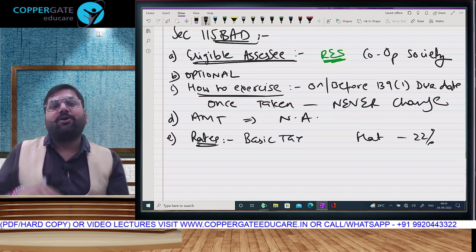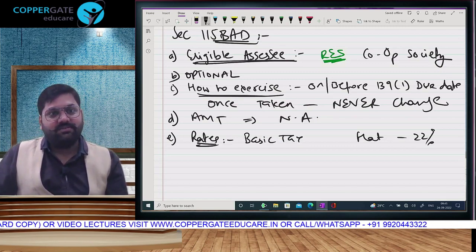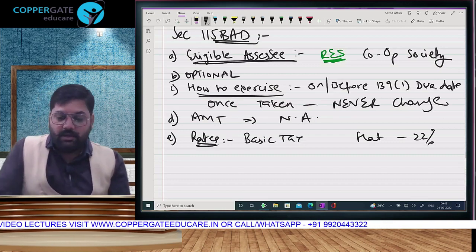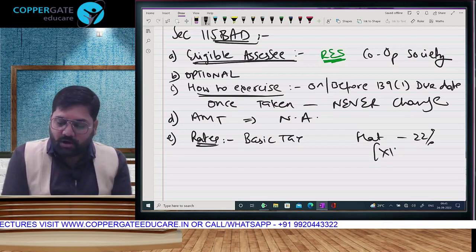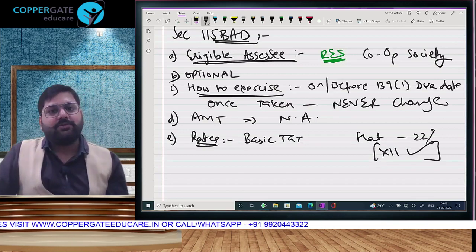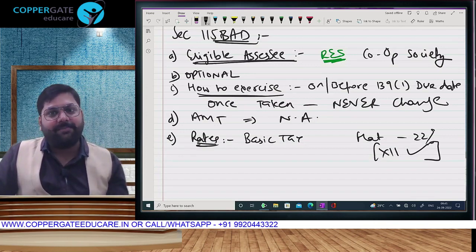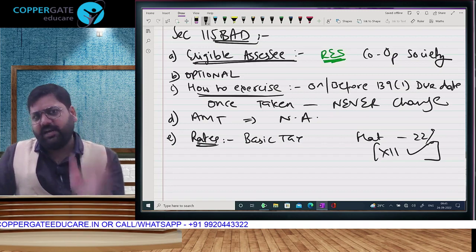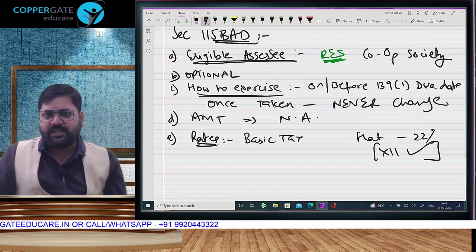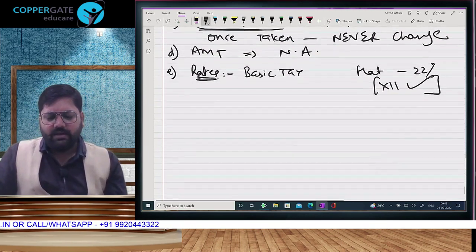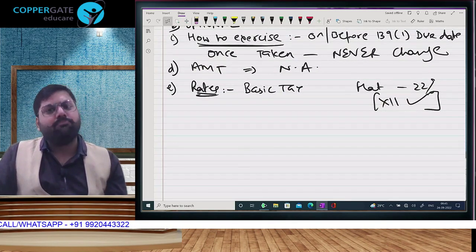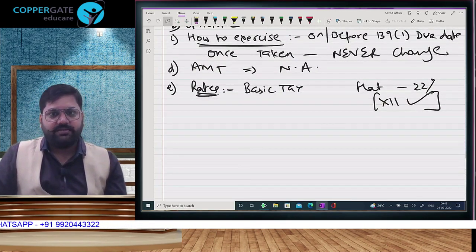Something similar to what will come for companies and firms in old regime, new regime. They have flat, they don't have slabs. But even then, you should always remember Chapter 12 will apply. So if the cooperative society has any long-term capital gains, casual winnings, special rate will always apply. New regime में special rates apply. Have we discussed that? हाँ, so special rates will continue to apply. Basic tax will be flat 22 but subject to special rates.